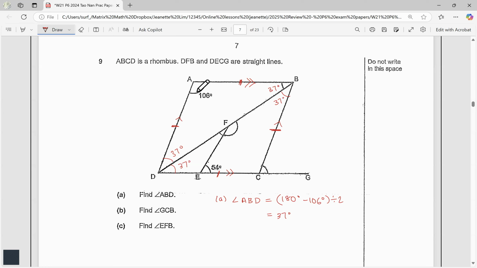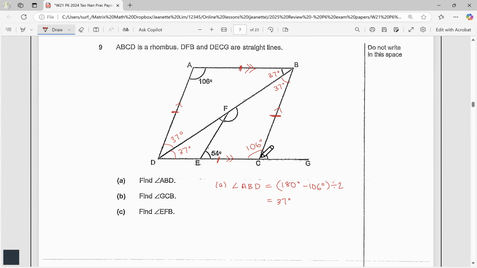And opposite angles of a rhombus will be equal. So if this is 106, then this here will be 106. So part B, find GCB. You can find GCB in one step.